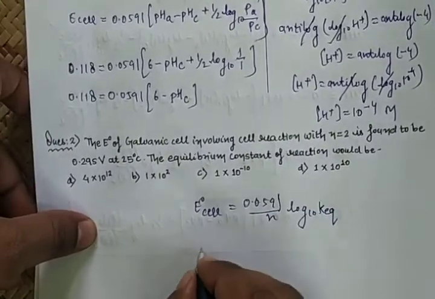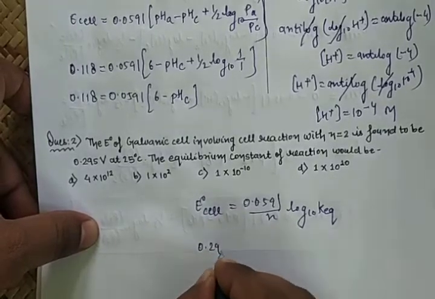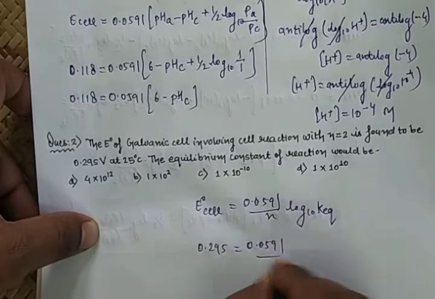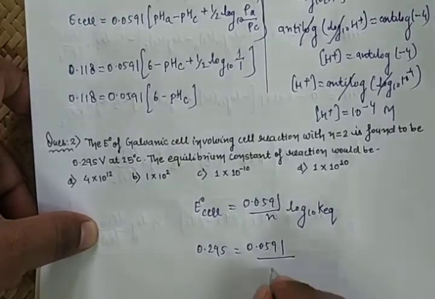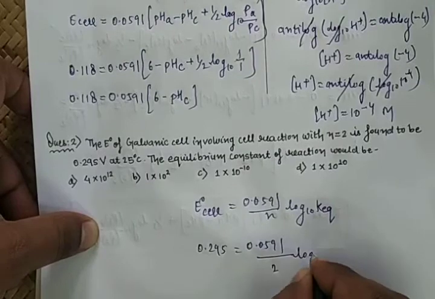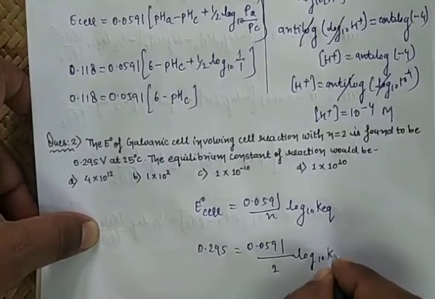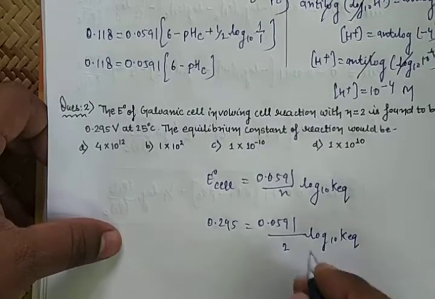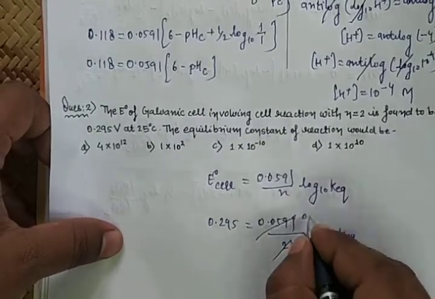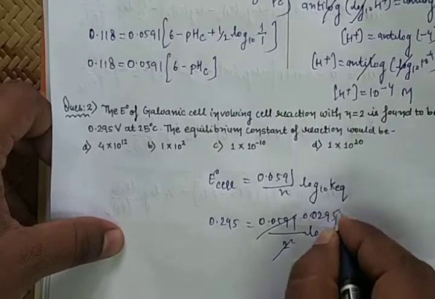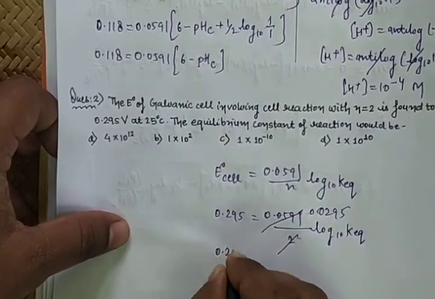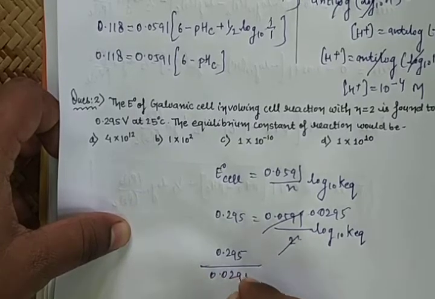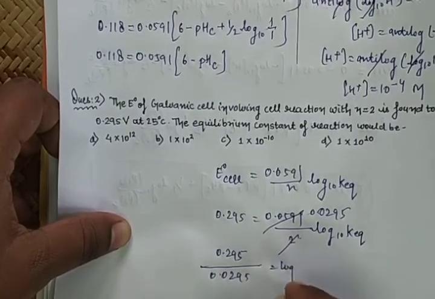So E naught cell value is given as 0.295, and 0.0591, n is 2, and log base 10 of Keq. Clear? So this is 0.0295, so 0.295 divided by 0.0295 is log base 10 of Keq.